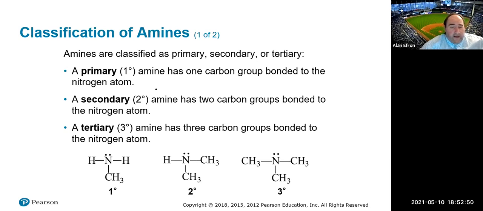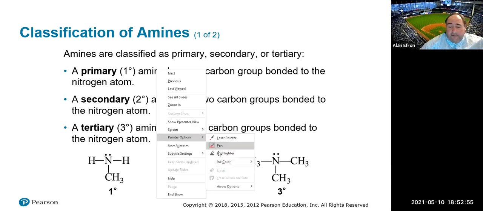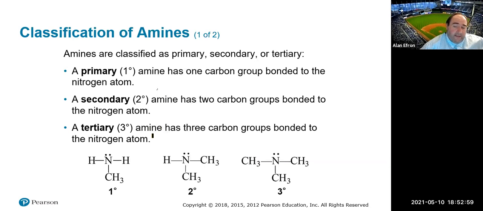And how do we figure out primary, secondary, or tertiary amines? It's very similar to what we do with everything else, but a little bit different. Here we're actually looking at the nitrogen and how many carbons are attached directly to the nitrogen. So in this case, there's only one carbon attached directly to that nitrogen, makes it a primary amine.